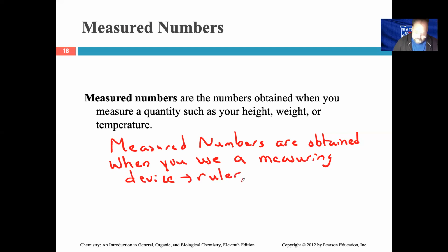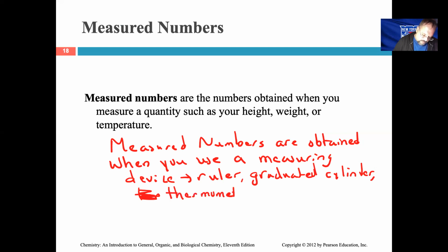Something like a ruler, something like a graduated cylinder to measure volume. Again, one other example, something like a thermometer when we measure temperature. So when you use some sort of measuring device to obtain that measurement, that type of number that you get is what is known as a measured number.